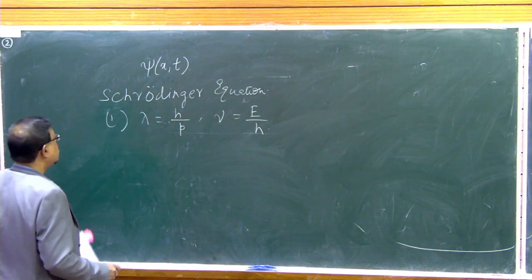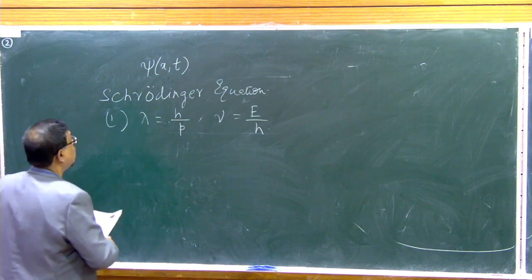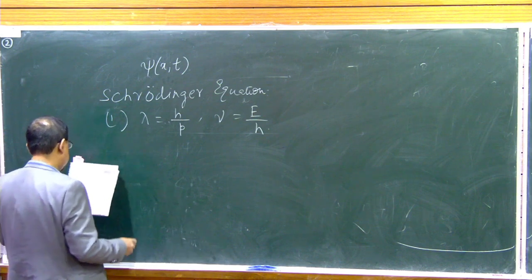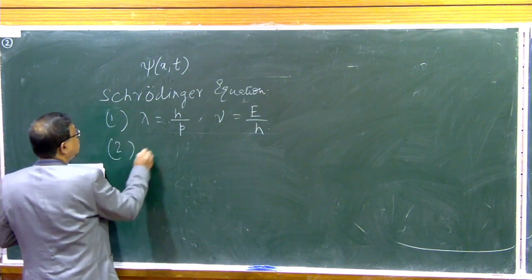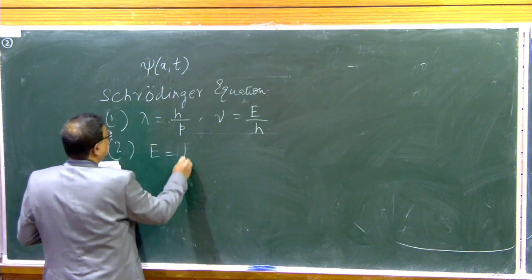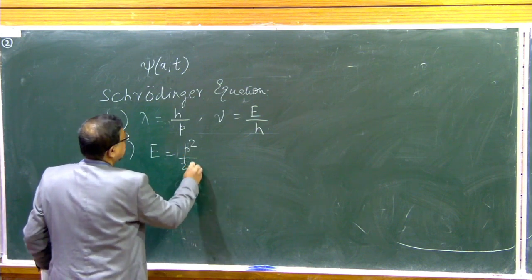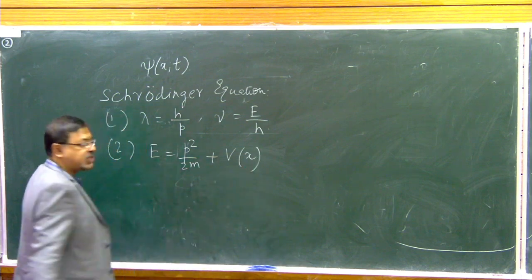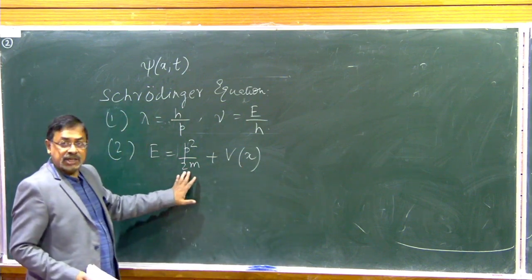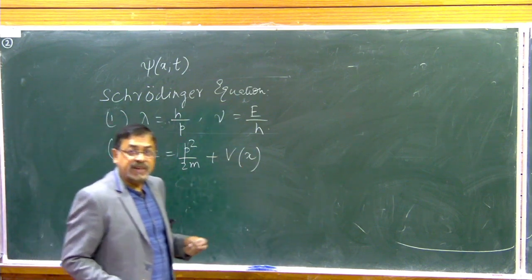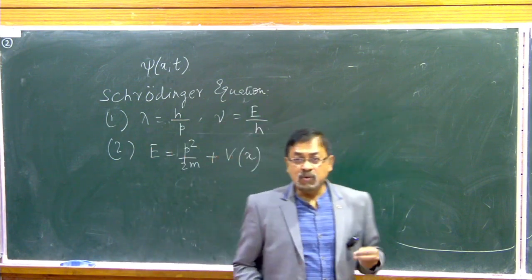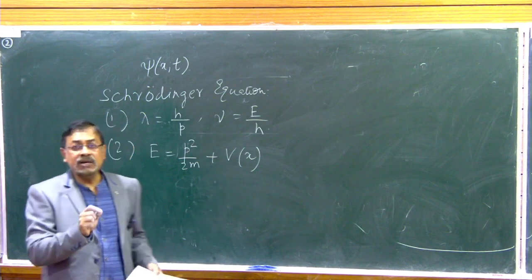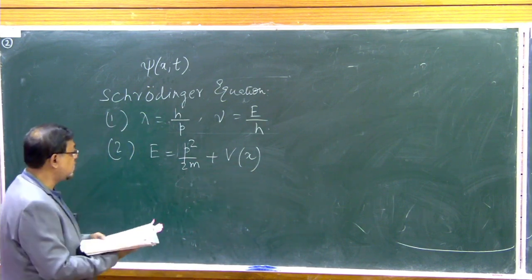So the Schrödinger equation should be consistent with these two assumptions. It should also obey energy conservation. This is the kinetic energy. P may not be a continuous variable; for quantum mechanics P is actually an operator, which we have seen, P equal to minus i h cross del del x.